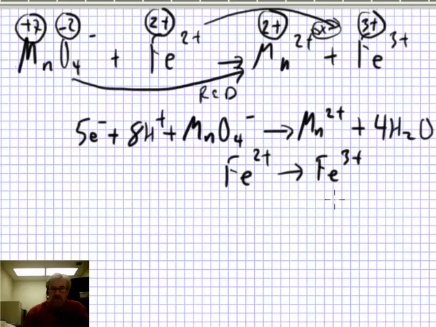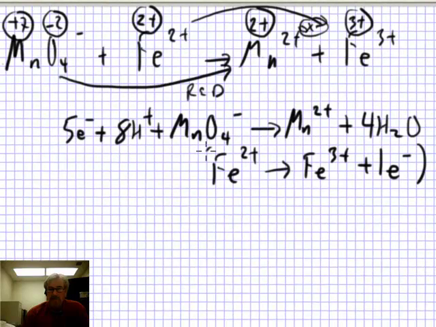Second half reaction. Iron's the only thing you have to balance, and it's already balanced. Now I have to balance charge. It's 2+ on the left, 3+ on the right. 1 electron on the right will bring that into balance. The electrons gained and lost are different. 5 gained in the top reduction half, and the bottom oxidation half loses only 1, and so that's not how it really works. I'm going to have to use coefficients to change this. So I'll multiply the bottom half reaction by 5, and then 5 electrons are going to be lost, and 5 will be gained, and the electrons will cancel out.